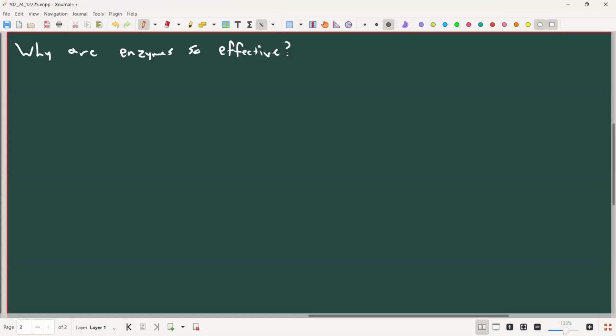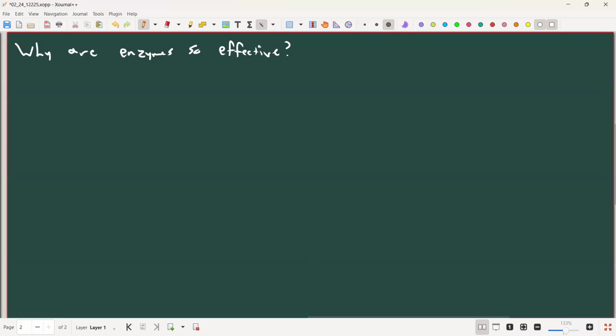Extremely well. Better than any man-made chemistry. And I want to show you a really surprising graph, not graph, but rather table that I found in a book about how effective these enzymes actually are at the chemistry that they perform.